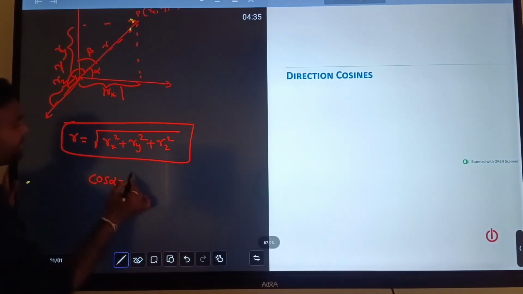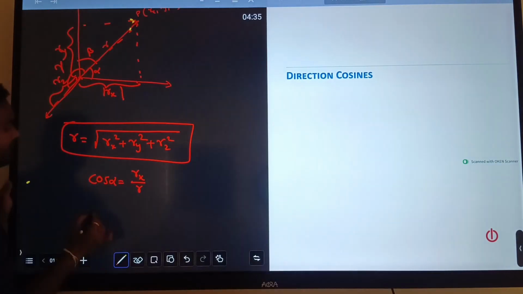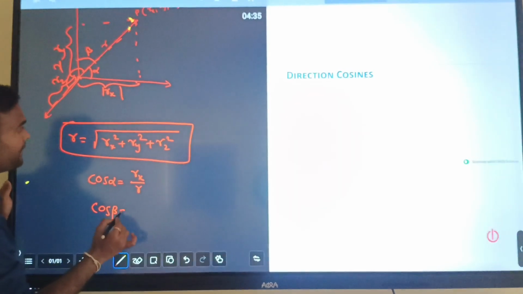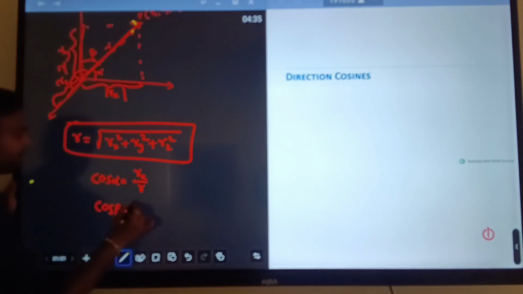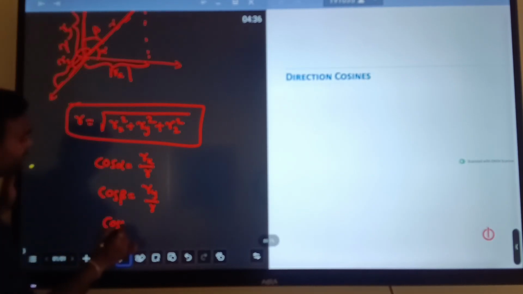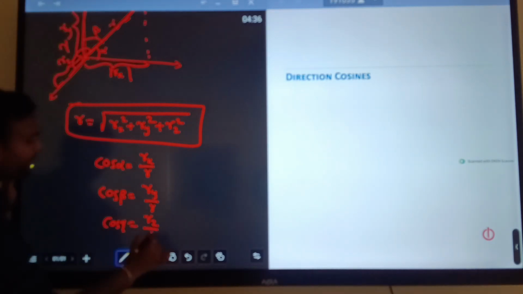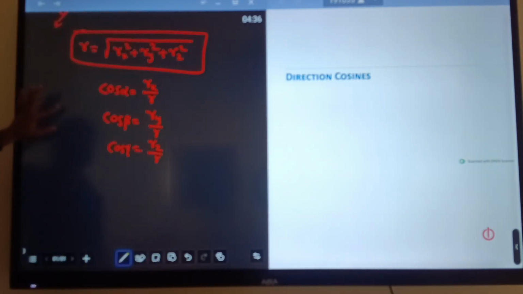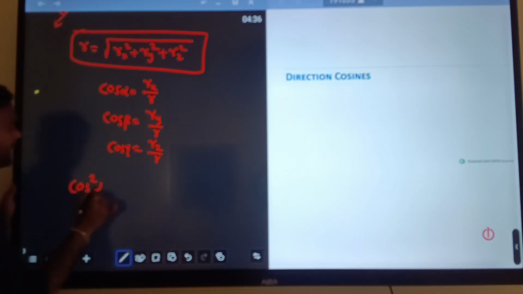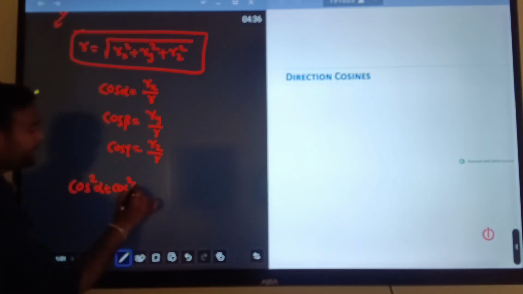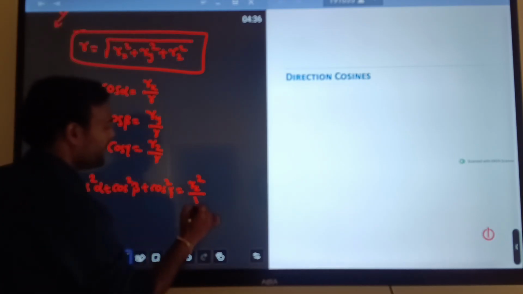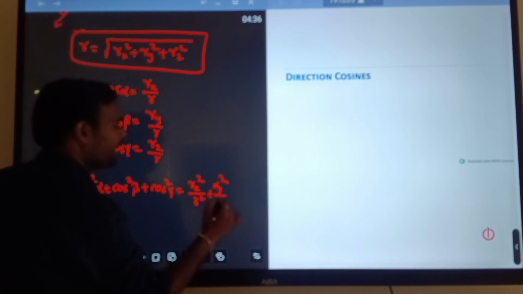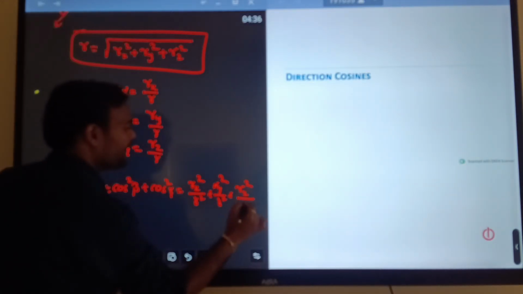Now cos alpha is equal to Rx by R. Similarly, cos beta is equal to, it is making an angle with this line, this is the position resultant, so Ry by R. Similarly, cos gamma is equal to Rz by R. Now by squaring these, cos square alpha, cos square beta, cos square gamma equal Rx square by R square, Ry square by R square, Rz square by R square.